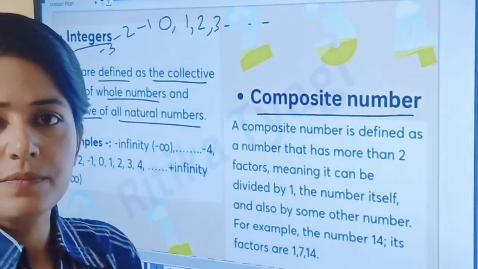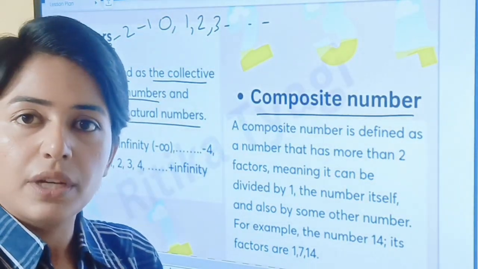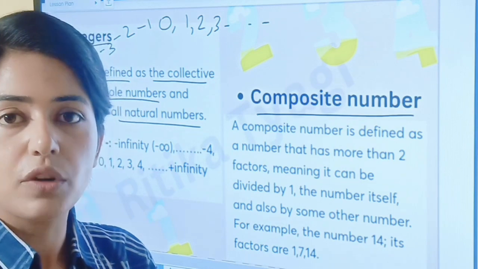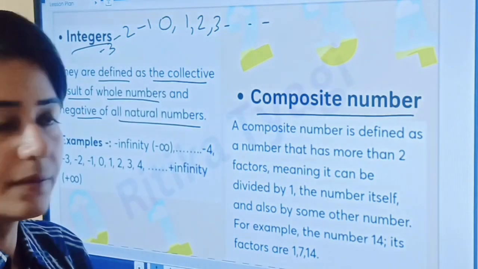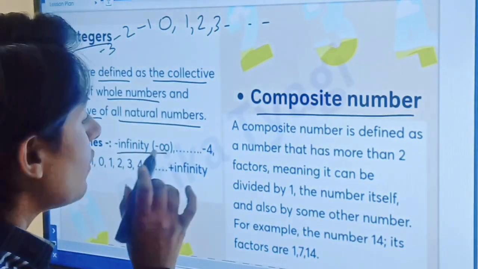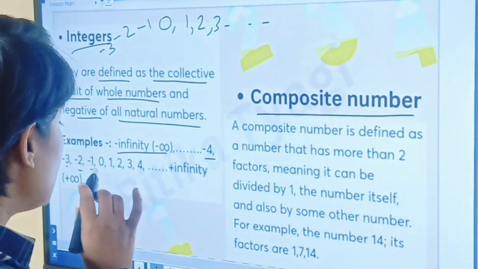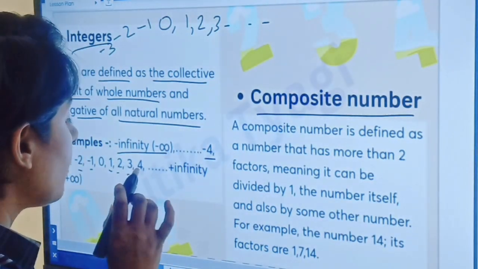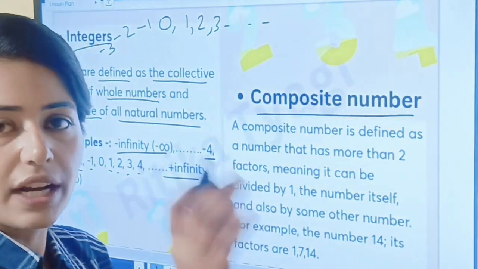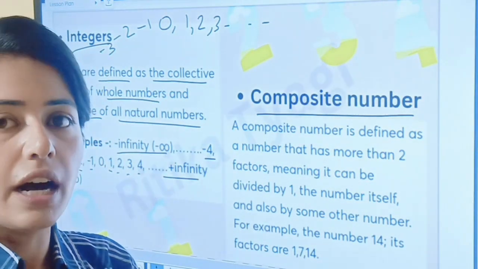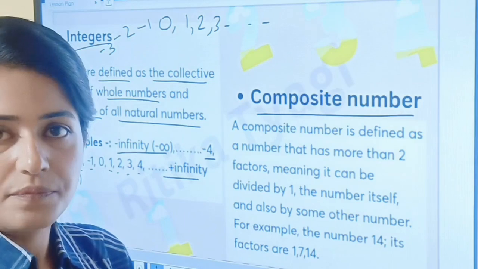All these numbers, that is positive numbers, 0 and all the negative numbers, are integers. For example, from negative infinity, that is negative 4, negative 3, negative 2, negative 1, 0, positive 1, 2, 3, 4 and up to positive infinity, are all integers.